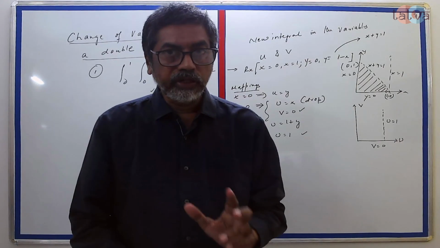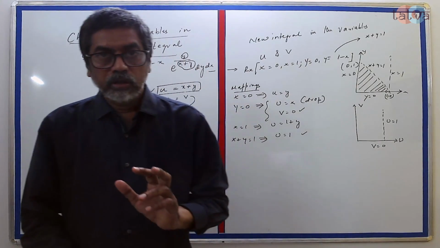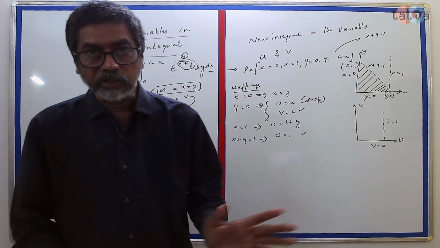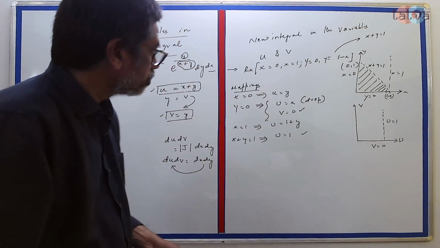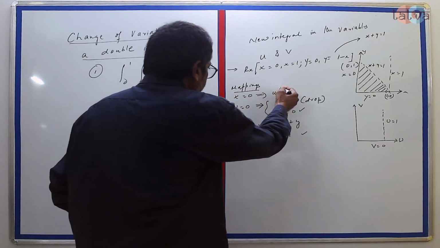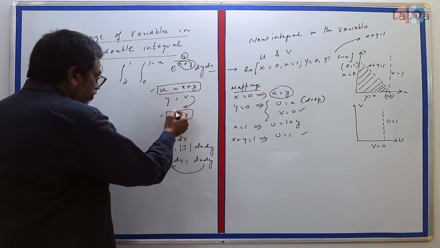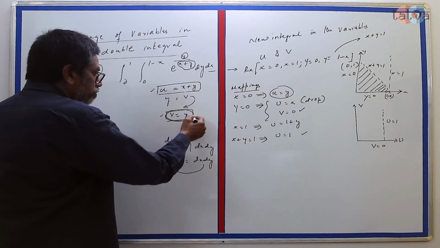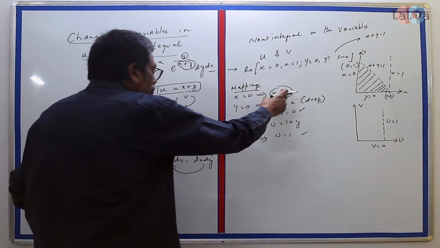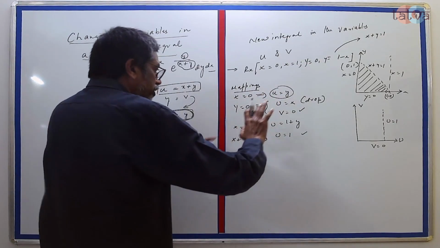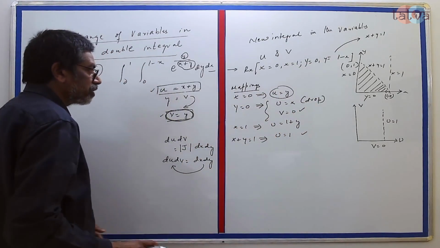All right. Now we need one more curve or line to complete the region. So let's pick up this u is equal to y. Let's go to v is equal to y. Y should be eliminated because we are in the UV domain, no interference of x and y.